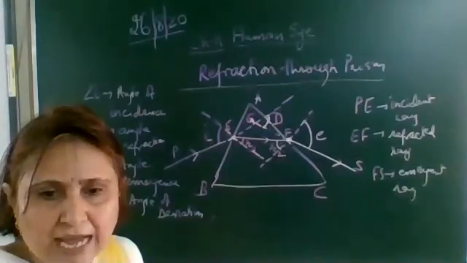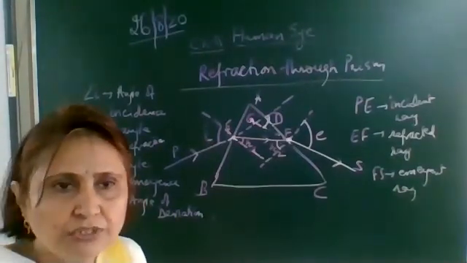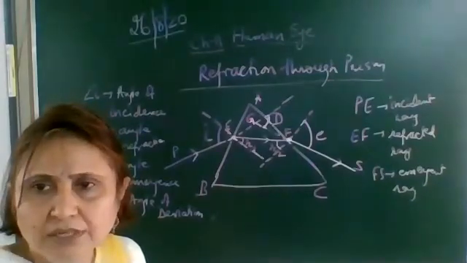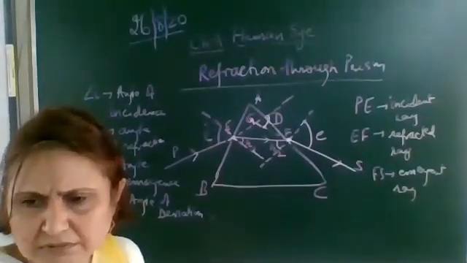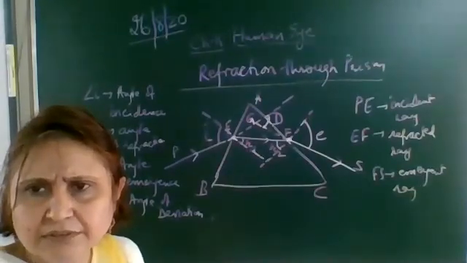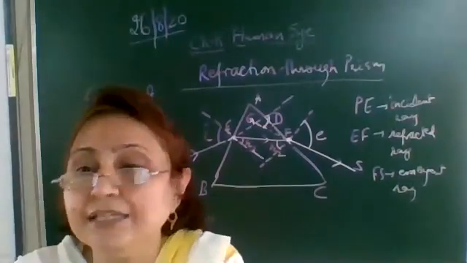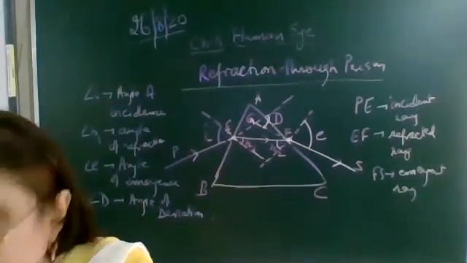So the angle of deviation is formed between the incident ray and the emergent ray.